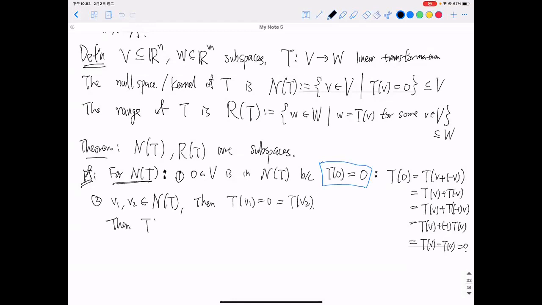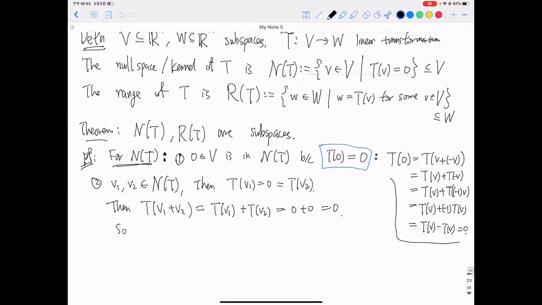Then you can check whether V1 plus V2 is in N of T or not, and for that you compute T of V1 plus V2, which by linearity is T of V1 plus T of V2, which is then equal to 0 plus 0, therefore 0. So this shows that V1 plus V2 belongs to the null space.